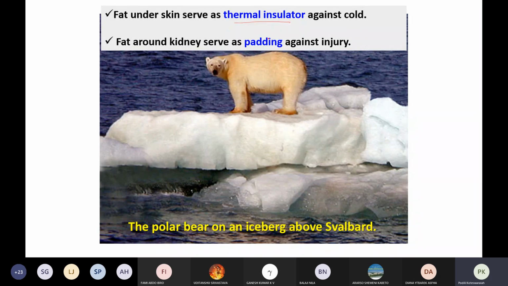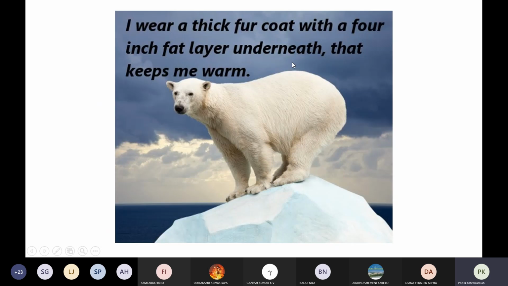That's why certain animals living in extreme cold, like the polar bear, can survive because of the fat under the skin. That acts as a thermal insulator, and of course the fat present around the kidney serves as a padding which protects against injury.